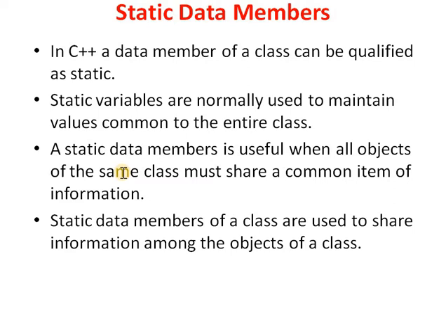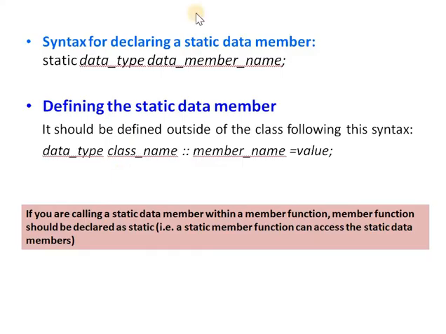Let's see the syntax for creating the static data member. When you want to create any data member or variable in the class as static, use the following syntax. First, use the static keyword.